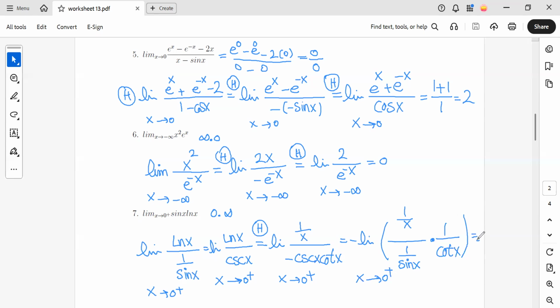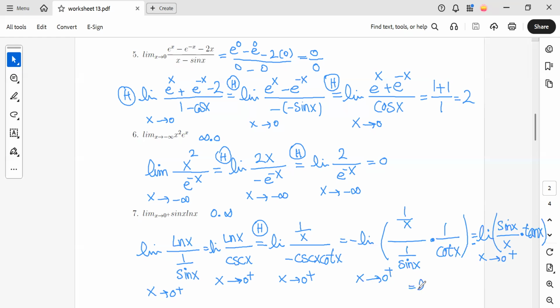So after simplifying, I would have negative of the limit of sine of x over x times, we know that 1 over cotangent is tan x, when x is approaching 0 plus.